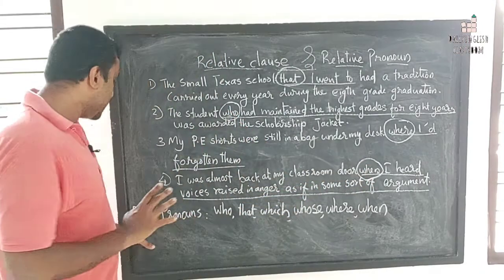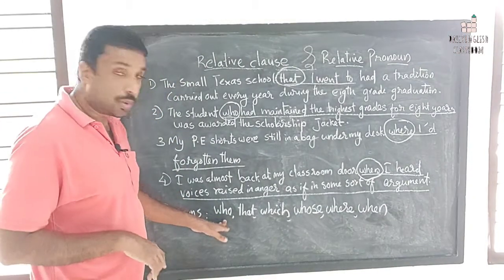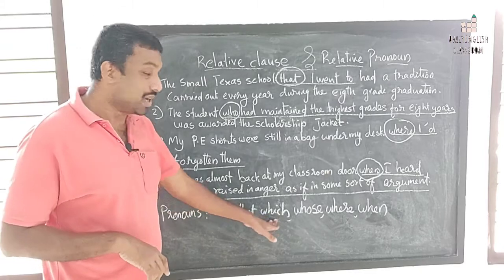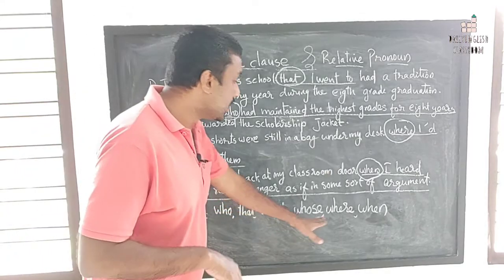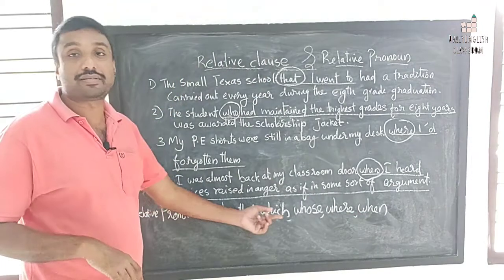In general, we have this much of relative pronouns: who, that, which, whose, where, and when. We use them according to the situation.